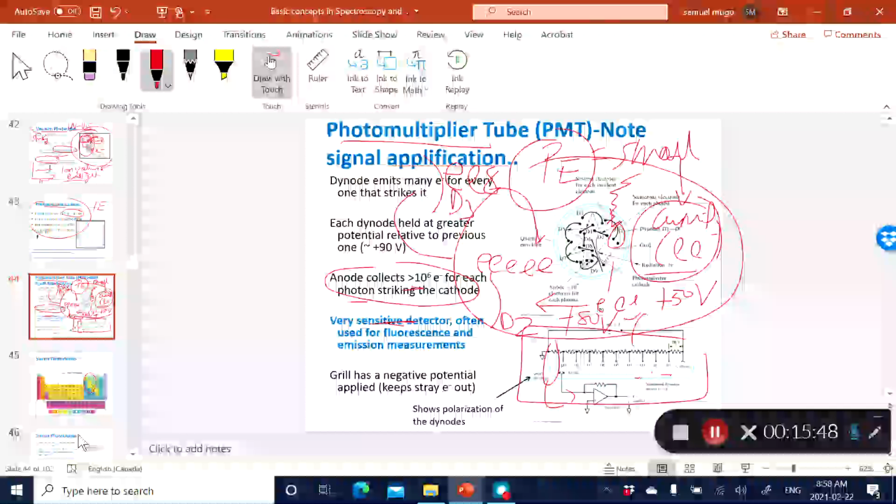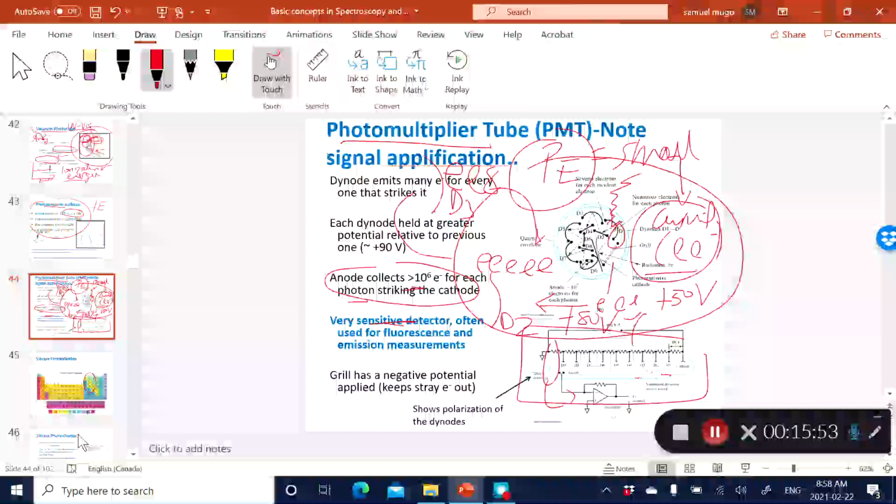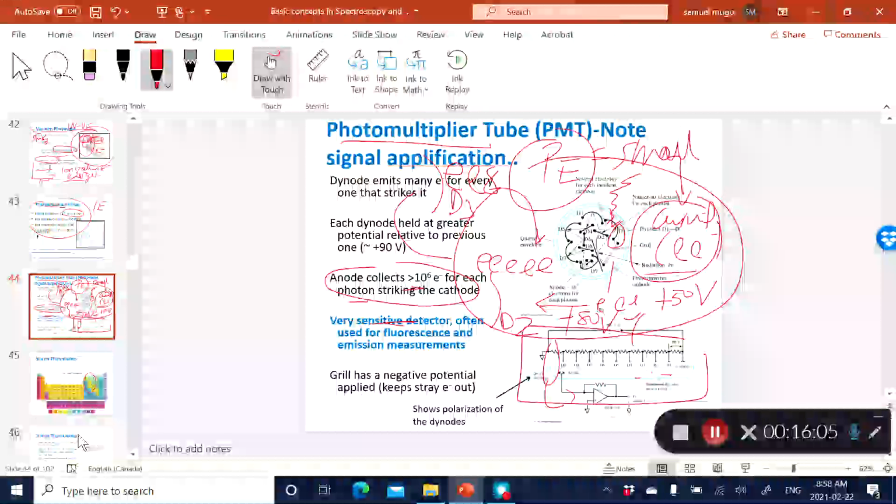And so that's how you move electrons or any charged particles, and we're going to talk about this in mass spectrometry. The way you move ions or any charged particle through a tube, for example, or into a detector, basically, you do that by applying a positive voltage in the case of electrons.